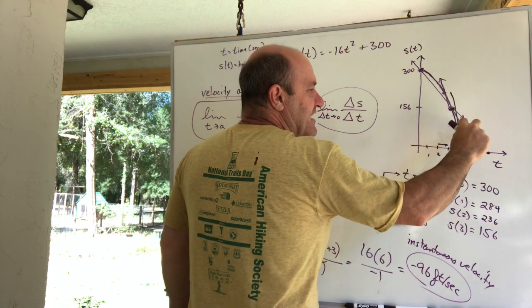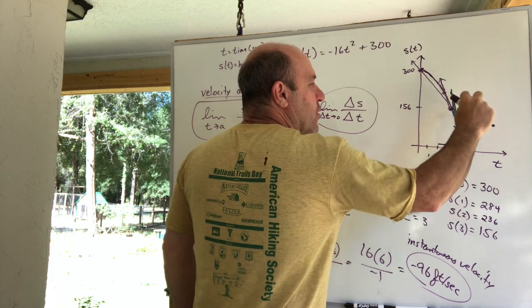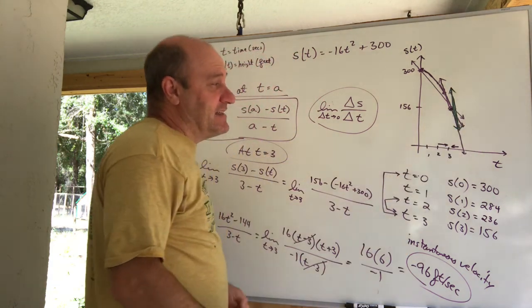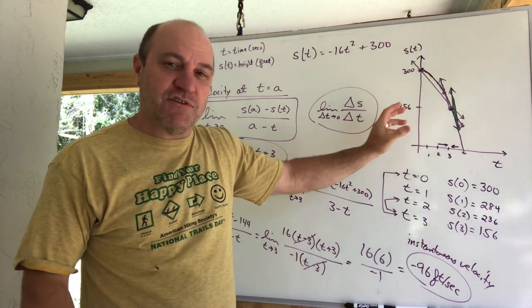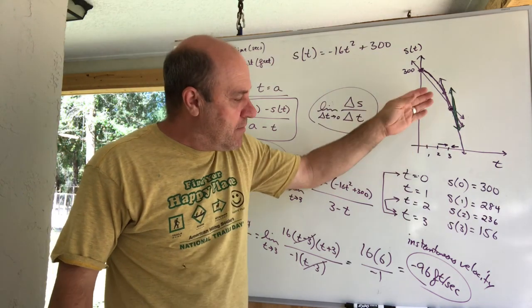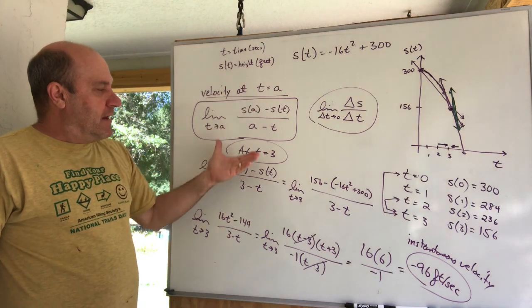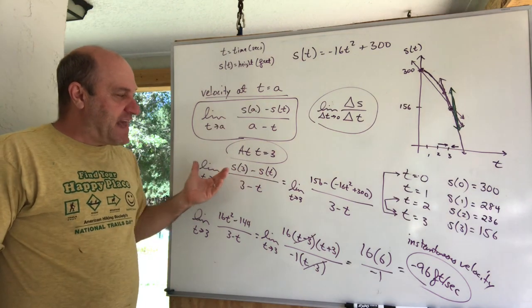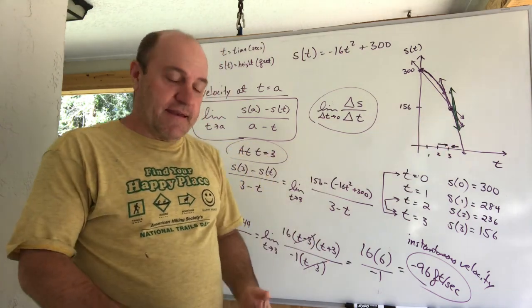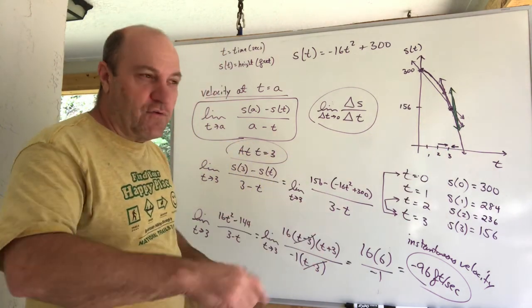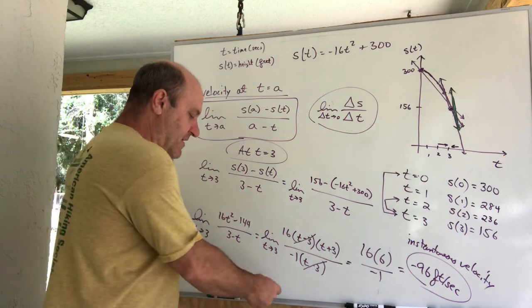There's a tangent line there, and the slope of that tangent line is the velocity. My previous slopes were between 2 points. They were average velocities. This slope is at 1 point. This slope is called the slope of the tangent line. Again, referred to later as the derivative. All right, thank you.